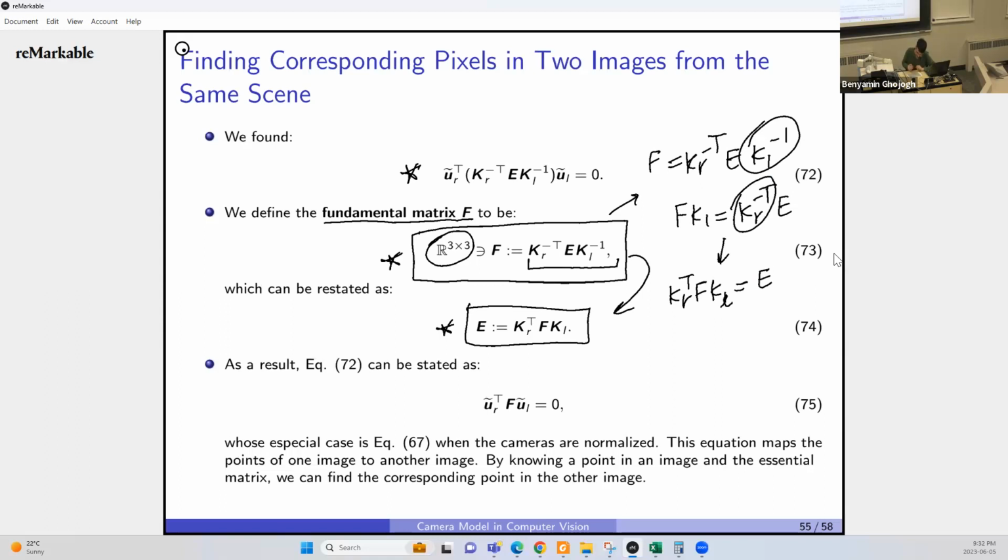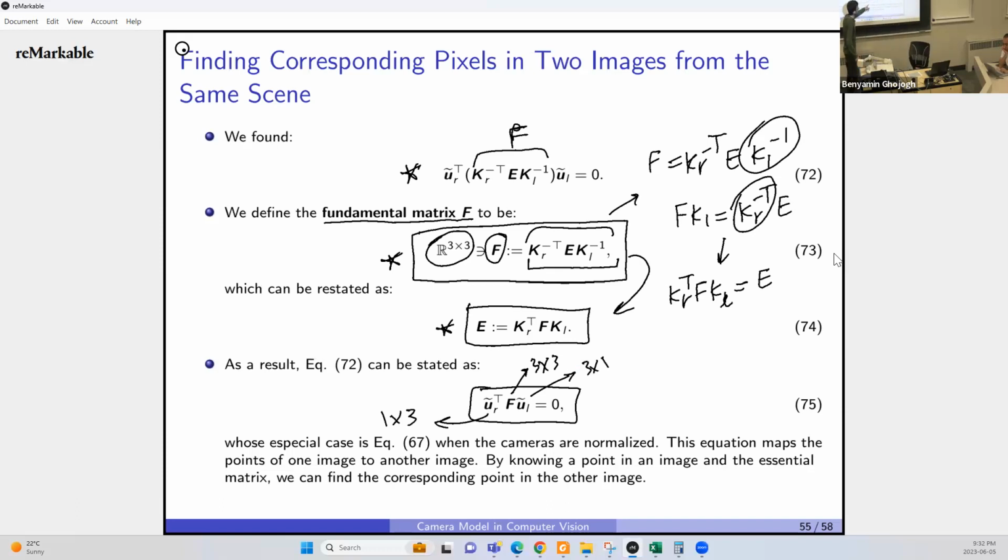And now this was F. We defined this to be F. Therefore, this is F. Therefore, I write it as UR tilde transpose F UL tilde equals 0. And this 0 is also a scalar because this is 1 by 3, UR tilde transpose. F is 3 by 3. UL tilde is 3 by 1. Okay. And this 0 is a scalar.